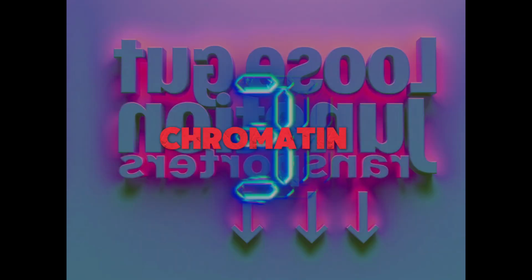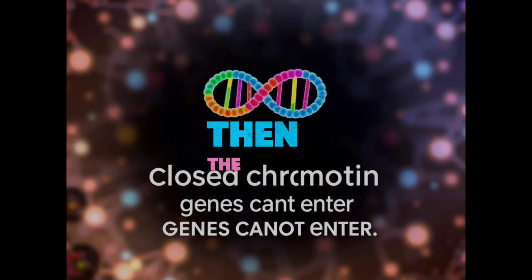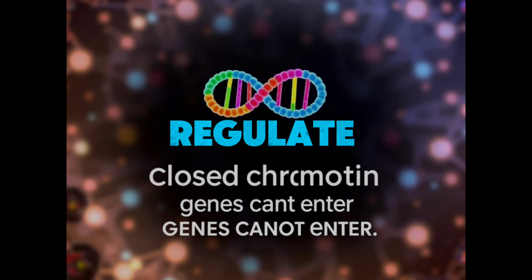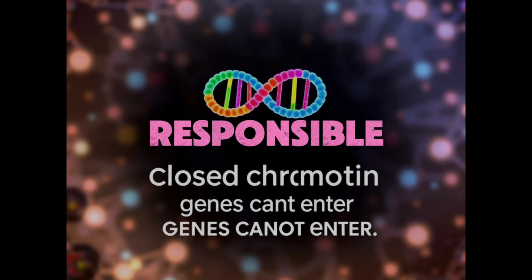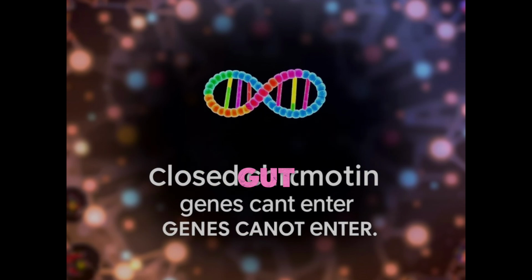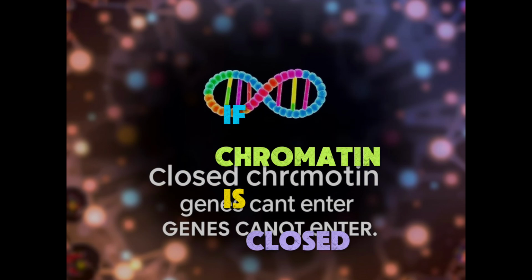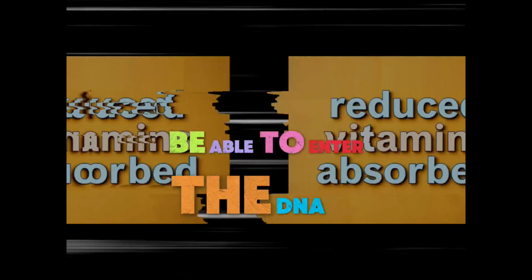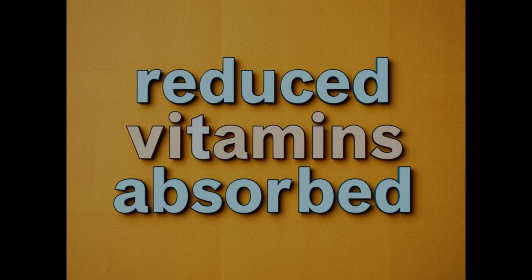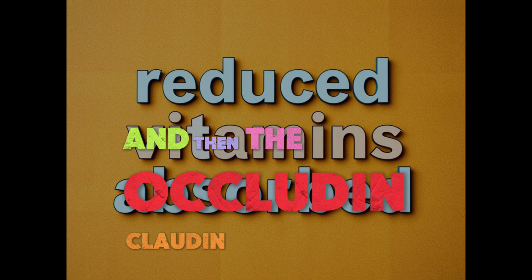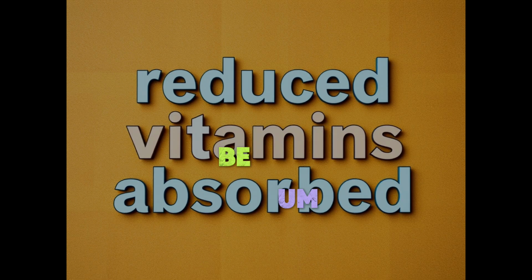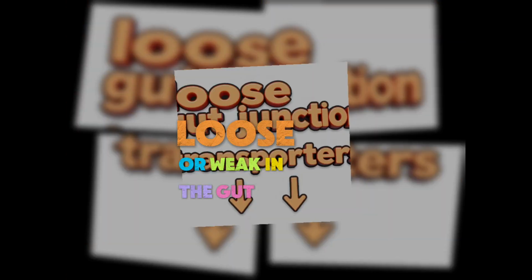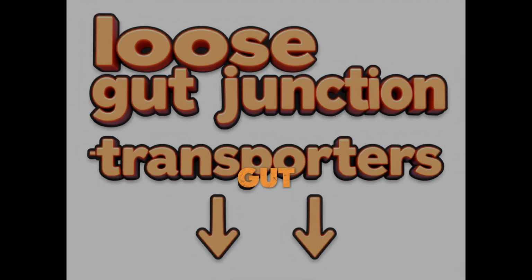If the chromatin is closed and shut, then the retinoic acid can't upregulate the gene transcription responsible for occludin and claudin in the gut, because retinoic acid will not be able to enter the DNA. And then the occludin and claudin tight junction proteins will be loose or weak in the gut, leading to leaky gut, which is another topic for a different video.